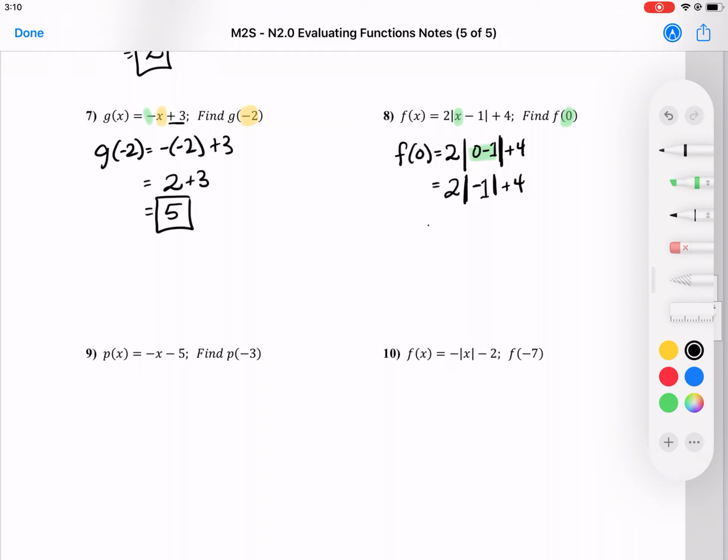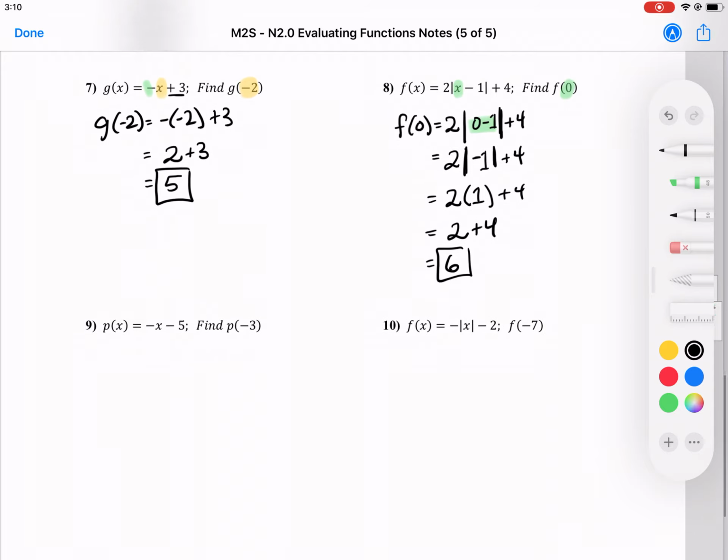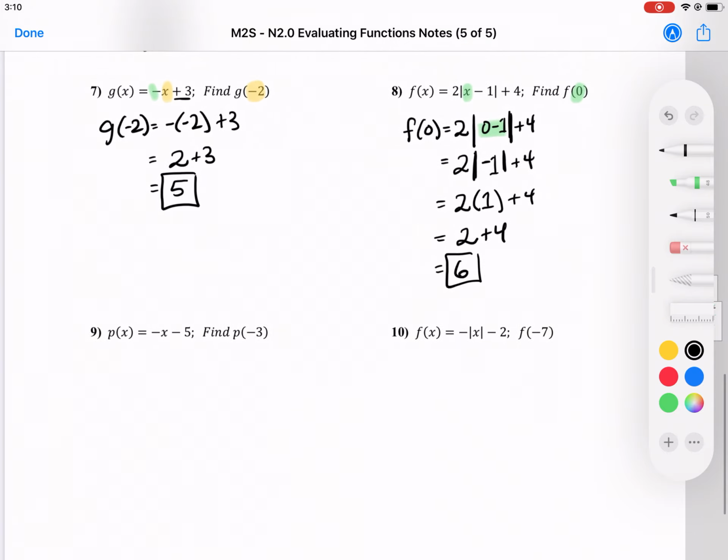And then you take the absolute value. The absolute value of a negative number is a positive, so this is a positive 1. So 2 times 1 plus 4. Then you do multiplication. So 2 times 1 is 2, plus 4. 2 plus 4 is 6. And that is your answer.